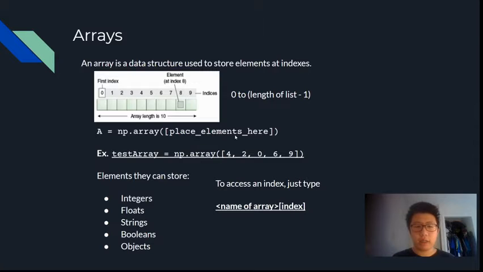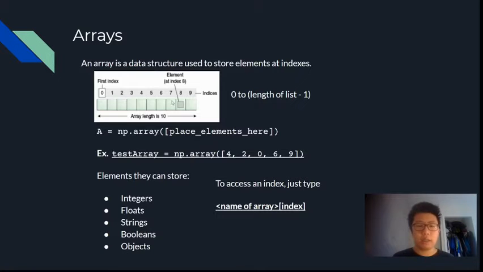Then specify the elements in square brackets. These elements need to be separated by commas to indicate that they are separate elements. And they can store objects such as integers, floats, strings, booleans, and other arrays or other objects.